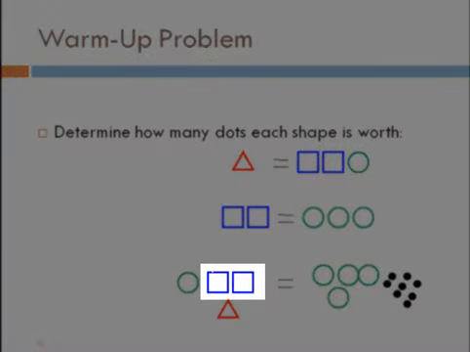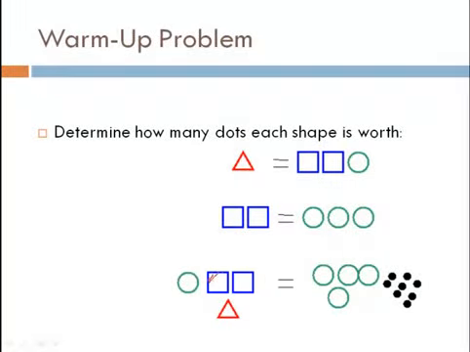And so if I were to maybe swap them, take those 2 squares out and replace them with 3 circles, then I see that I've got a total of 4 circles on this side and a total of 4 circles on this side, and I can get rid of 4 circles from both sides, and I find pretty quickly that a triangle is worth 8 dots.